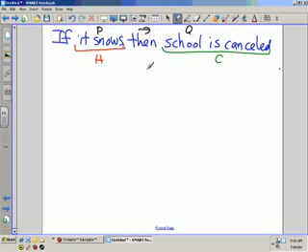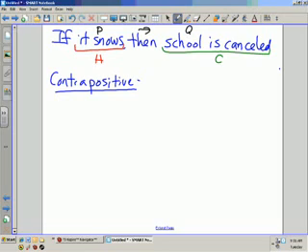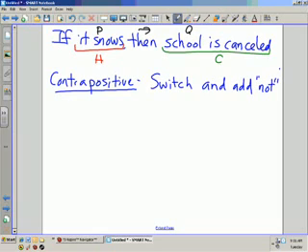So when we do the contrapositive, this will be: switch the parts and add not.